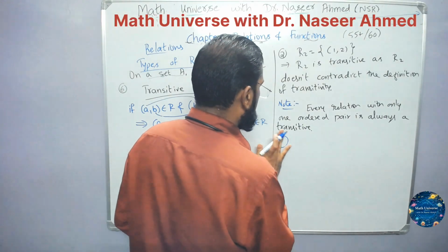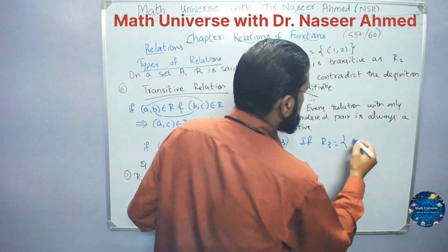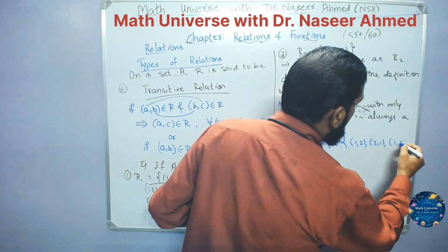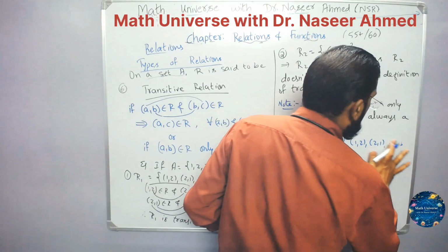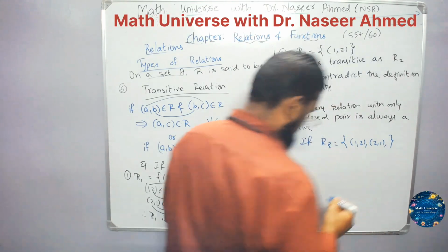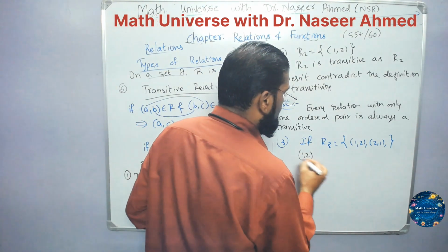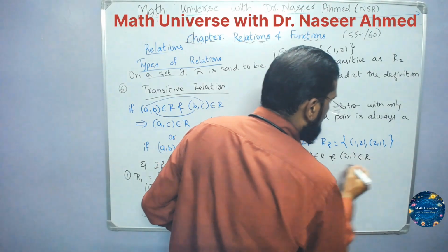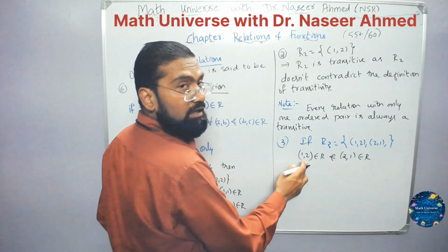Next, let's have one more example. Example number 3 on the same set. Let's suppose I got R3 is equal to {(1, 2), (2, 1), (1, 3)}. Just see this: (1, 2) and (2, 1). We have (1, 2) belongs to R and (2, 1) also belongs to R. So you can see very clearly (1, 2), (2, 1).